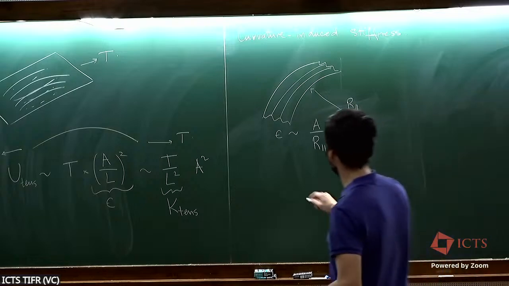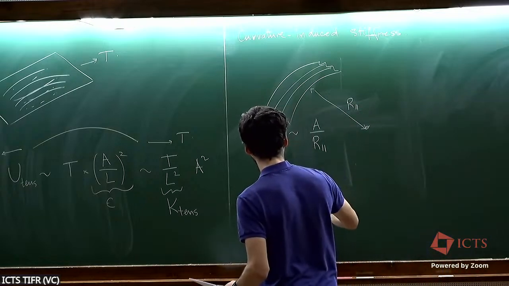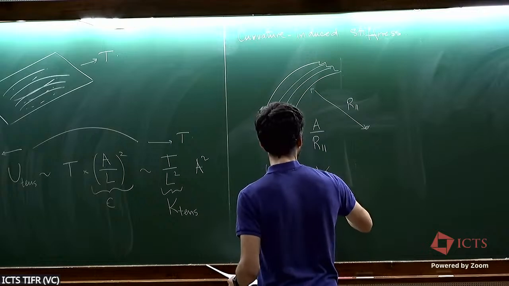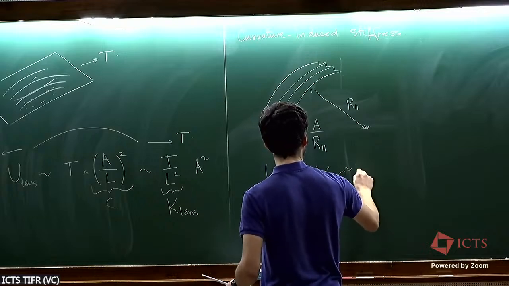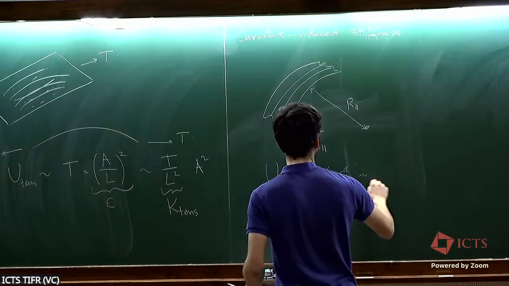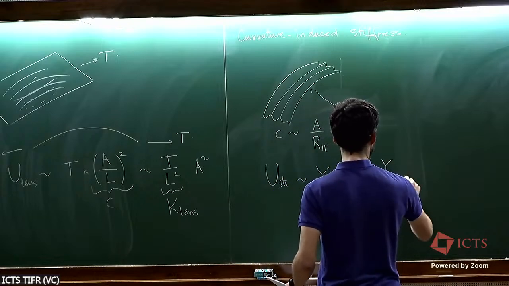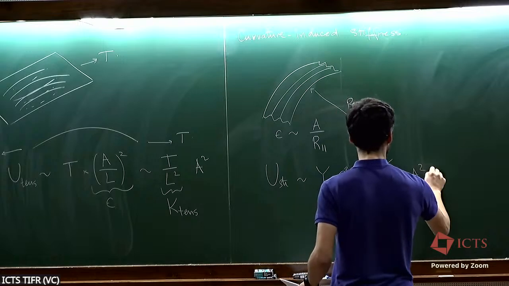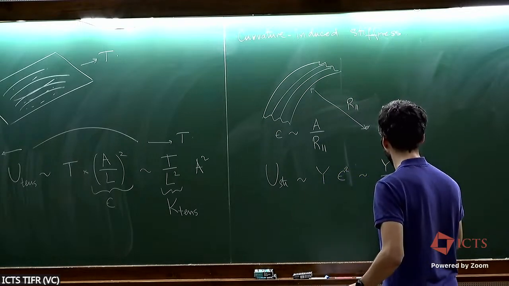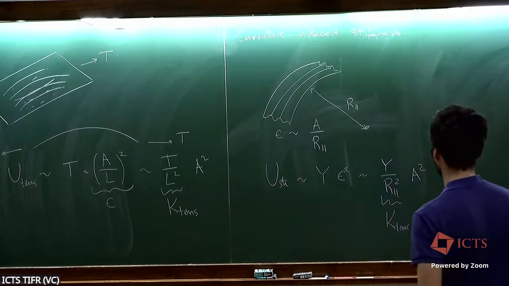And so the stretching energy here is Y, the stretching modulus, times epsilon square, which is Y over R parallel square times A square. And this is K curve.